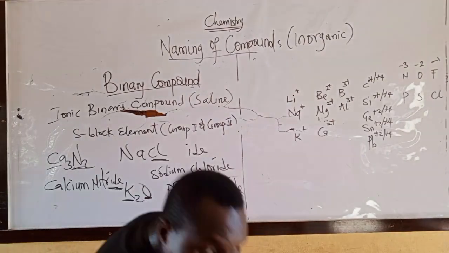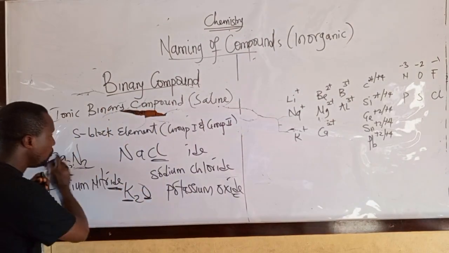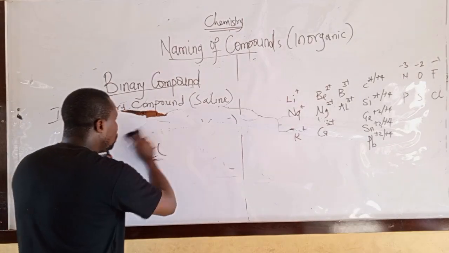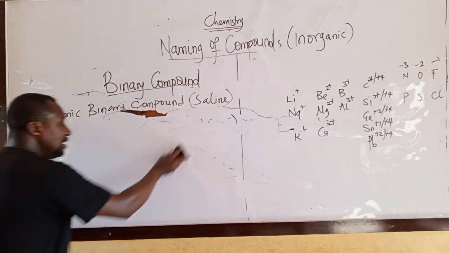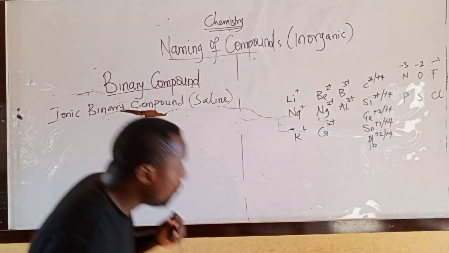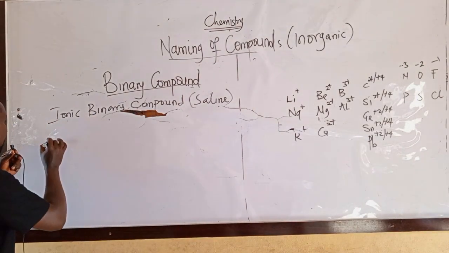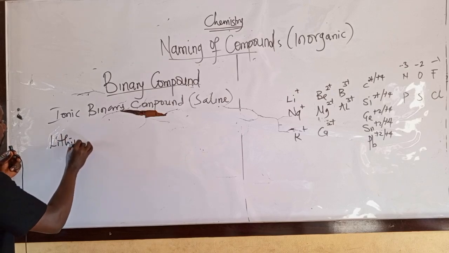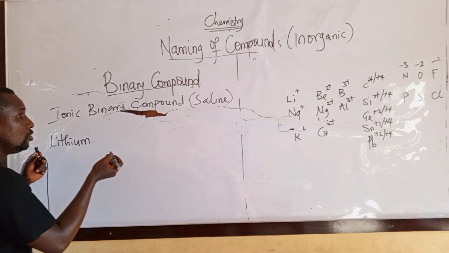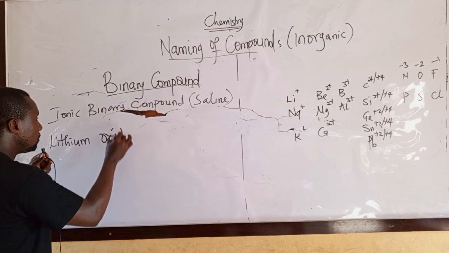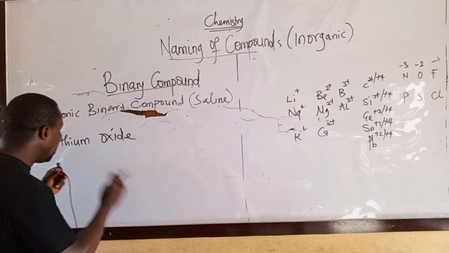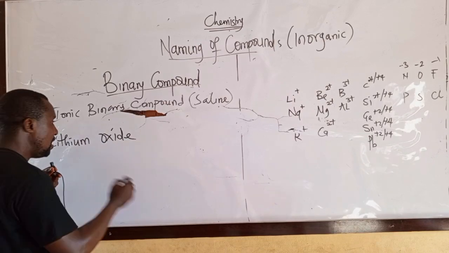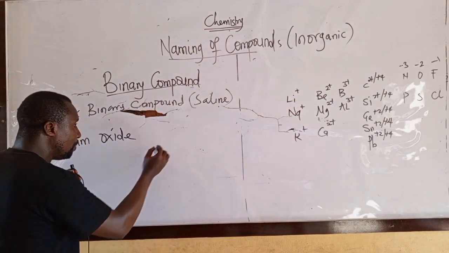Then how do we write their chemical formula? For example, if I ask you the chemical formula of lithium oxide, you should know it's lithium and oxygen.